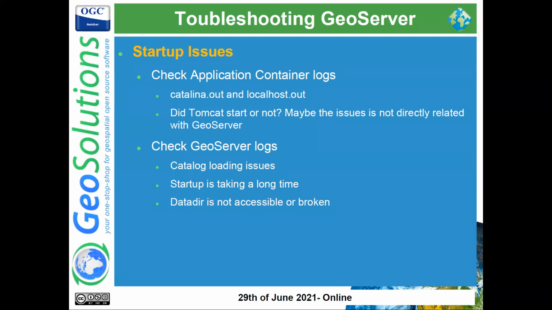Or to debug long startup times, you can trace the startup process of GeoServer in the GeoServer log and look at how long it's taking for each phase of the startup. And again, if there's some problem with the data directory itself, you will find it logged in the GeoServer logs.